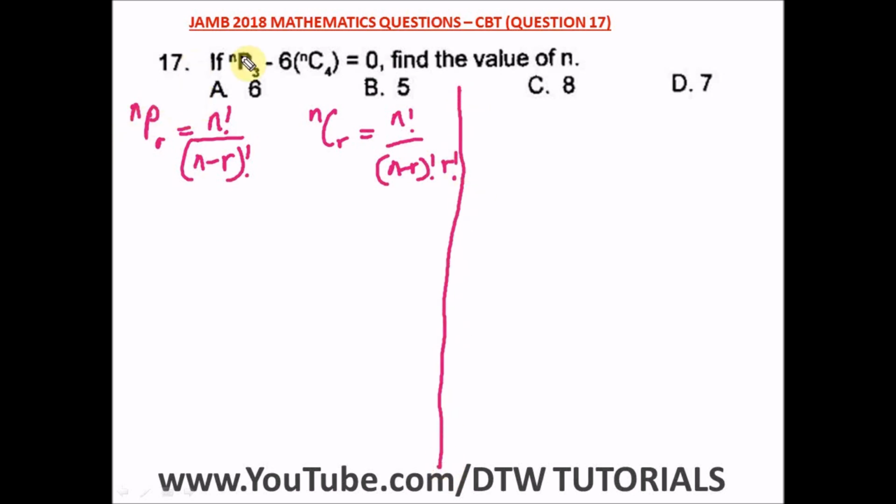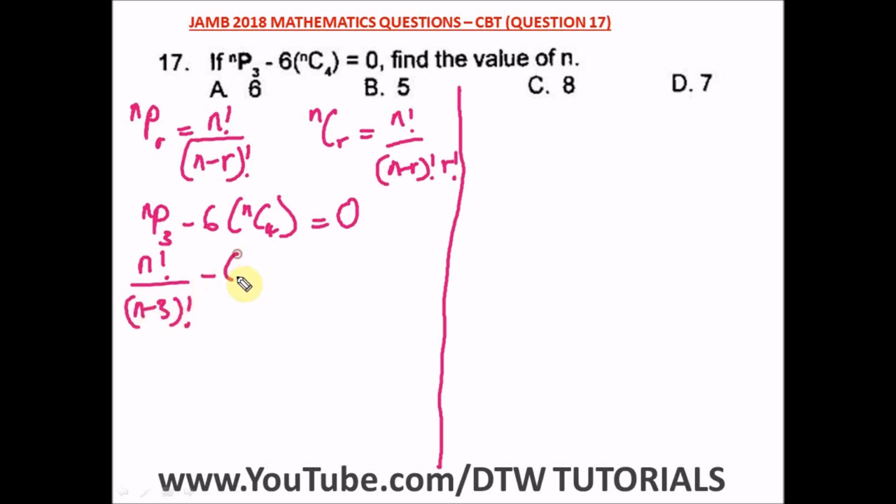So from here we are given nP3 minus 6 bracket nC4 equal to 0. Okay, so nP3, to interpret n permutation 3, we have n factorial over n minus 3 all factorial. This is minus 6 bracket n factorial over n minus 4 factorial 4 factorial, equal to 0.